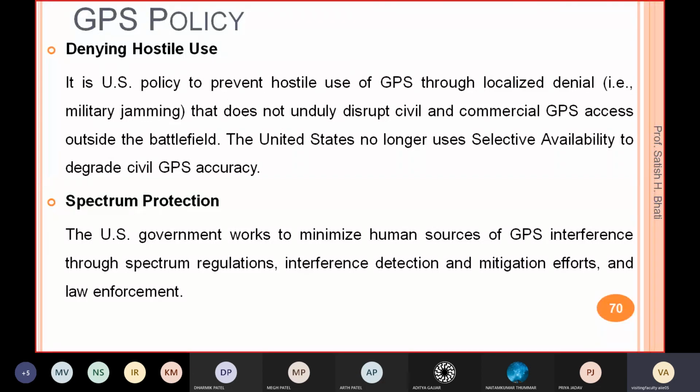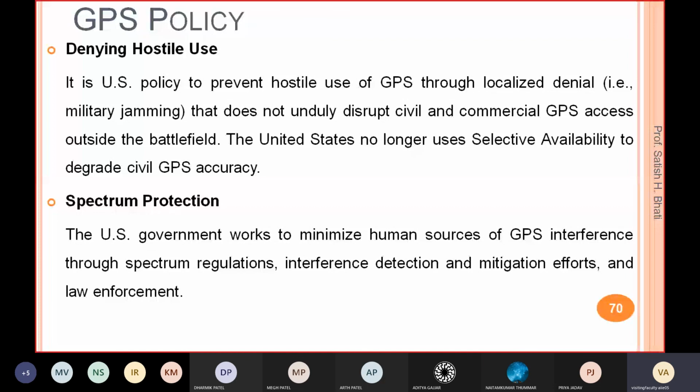And the US no longer uses the selective ability to degrade civil GPS accuracy. It's kind of like military jamming for that purpose, or you can say in a war, they have no policy to provide GPS.